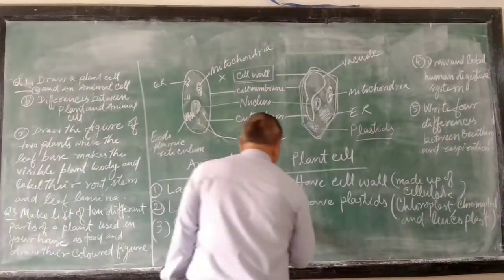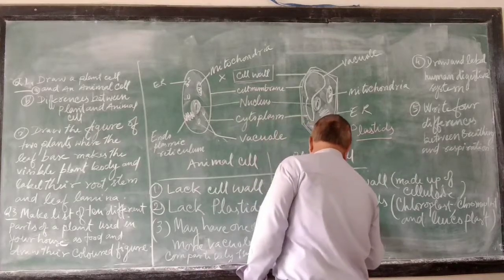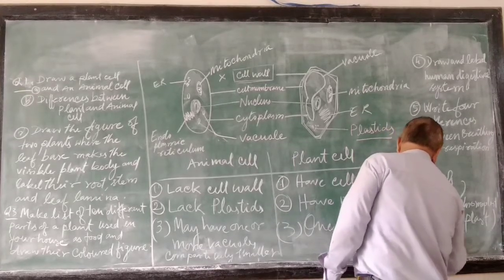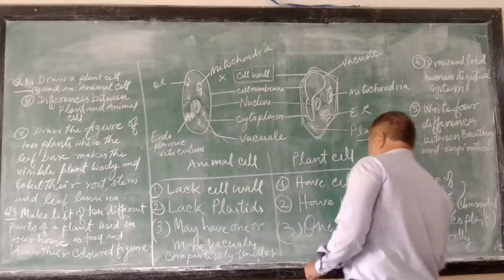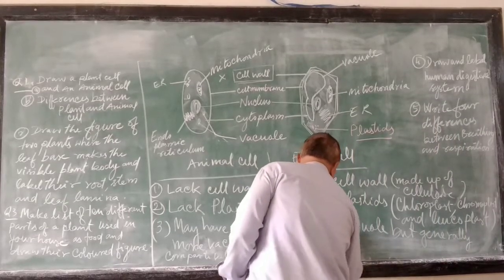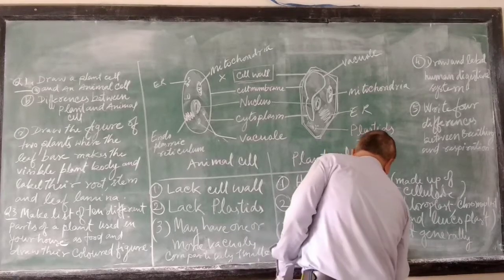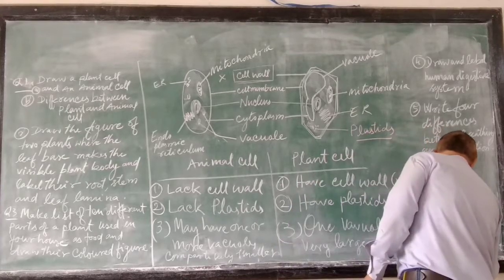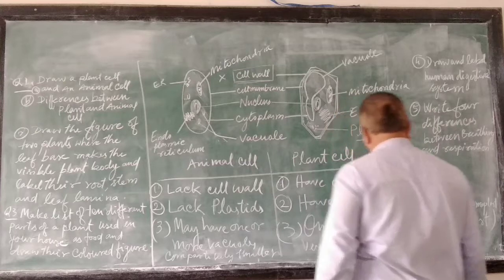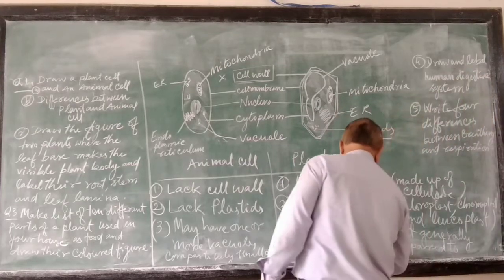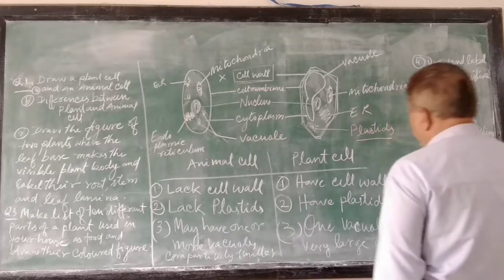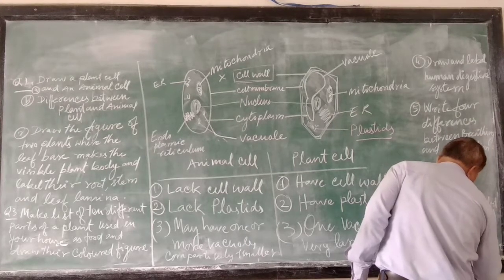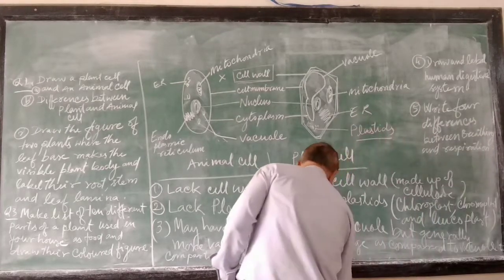And here you see in plant cells one vacuole, but generally very large as compared to the vacuole in animal cell.